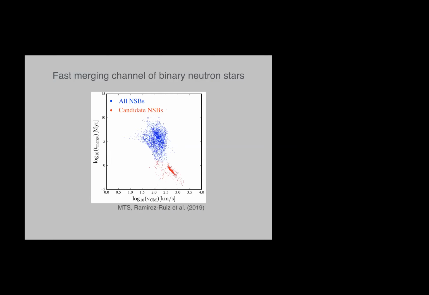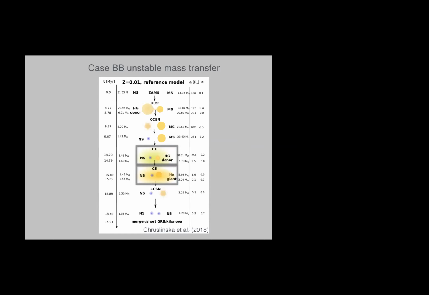The process that makes them is a peculiar process called case BB unstable mass transfer. But forget about the name. All it means is that during the formation of the binary, there are two specific processes happening back to back, called common envelope processes.